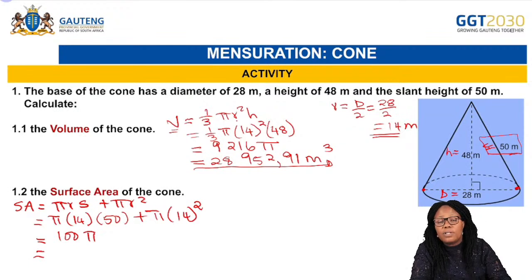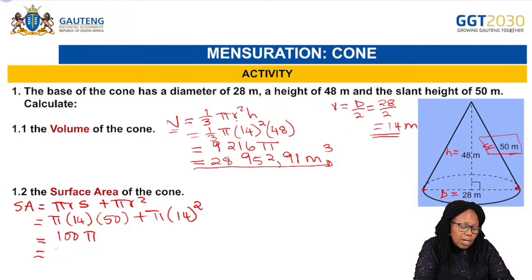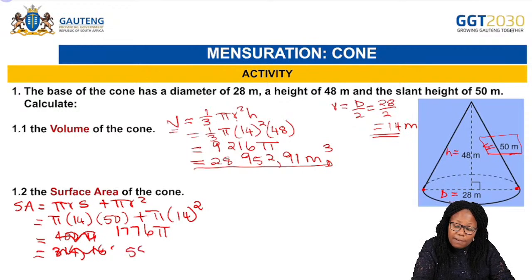You just press your SD button in your calculator, and the final answer will be 5579,47. This will be in square meters.